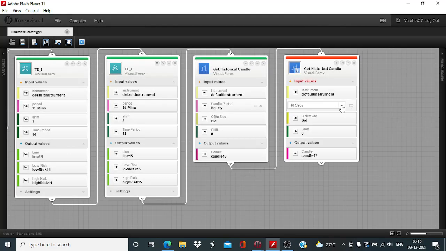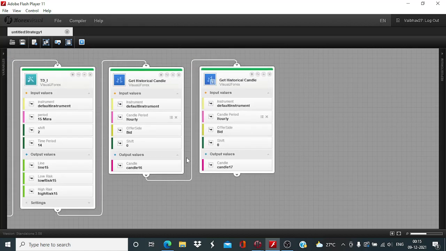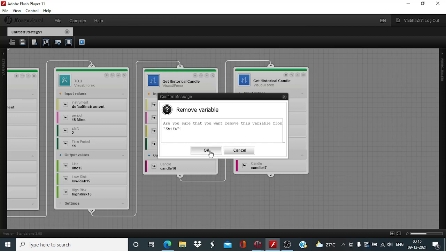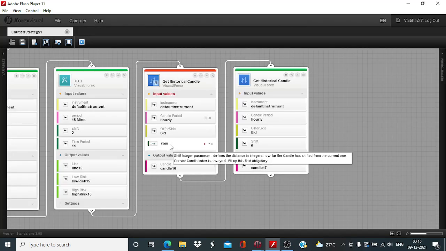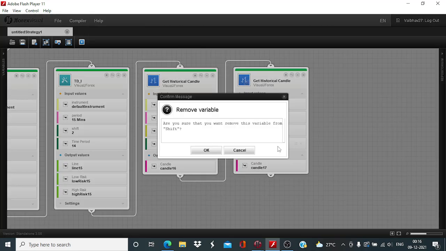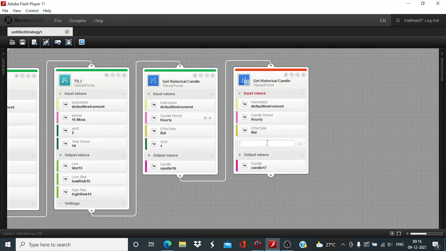This will be changed to hourly. Shift value of 1 and 6.